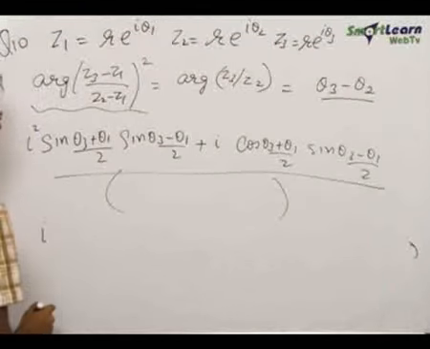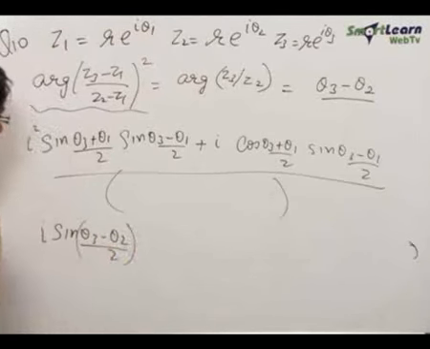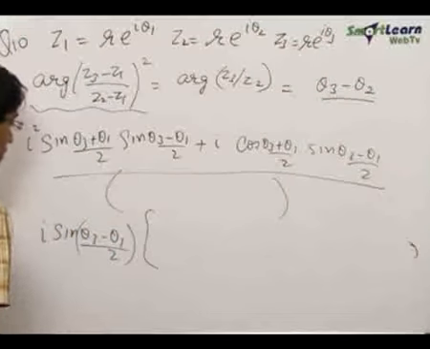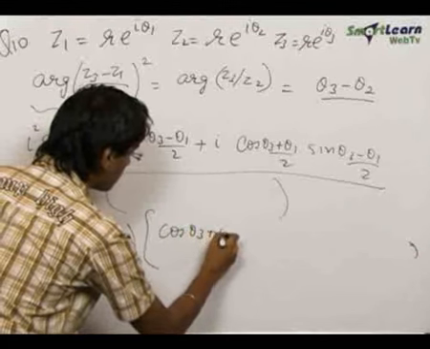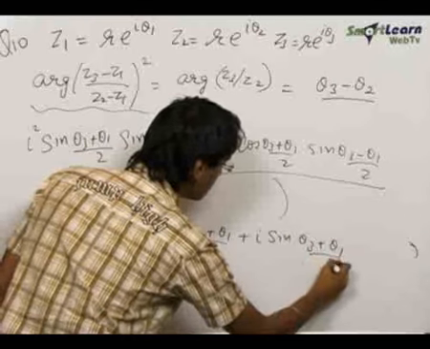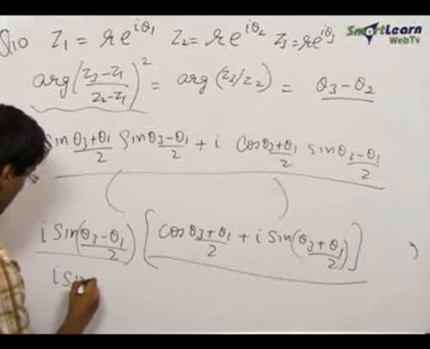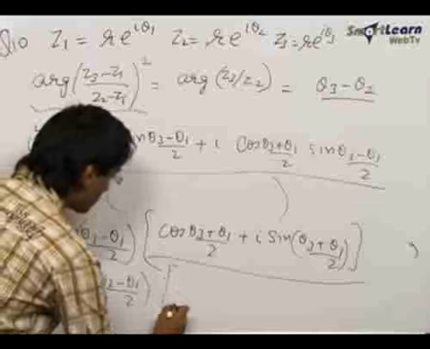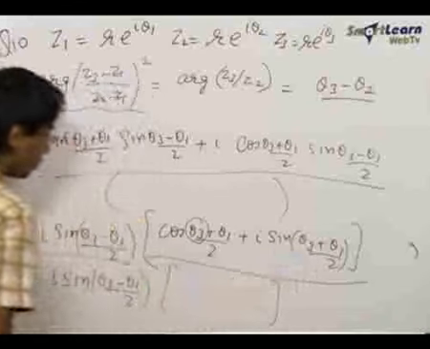Now i times sin((θ3 − θ1)/2) can be taken out common. On taking this out common, we get cos((θ3 + θ1)/2) + i sin((θ3 + θ1)/2), and similarly from the denominator we will get i sin((θ2 − θ1)/2) common, to get the similar terms by replacing θ3 by θ2.